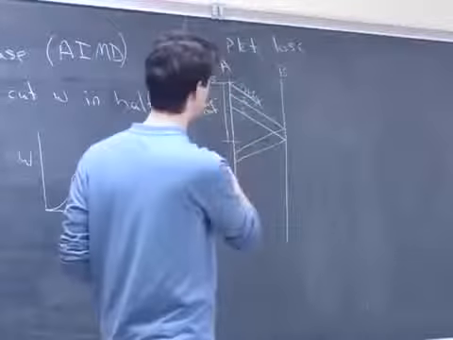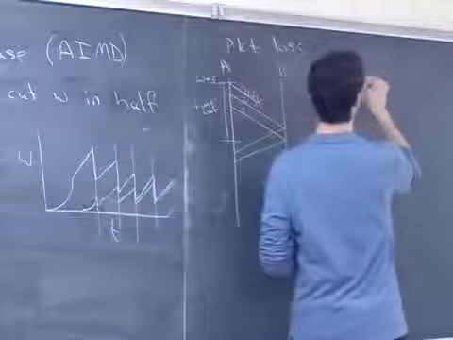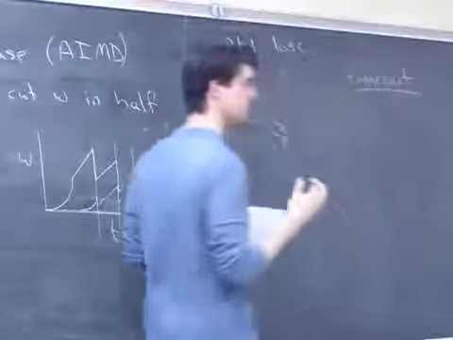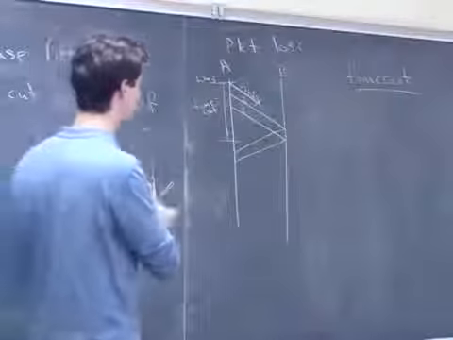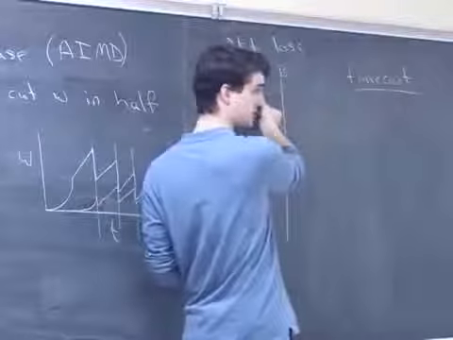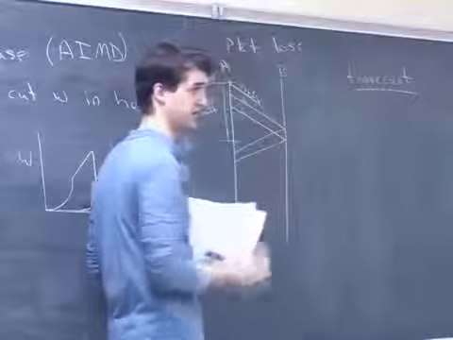But after this timeout, what happens is the sender will revert back to the sequence number where the packet loss occurred, and will start sending from there.